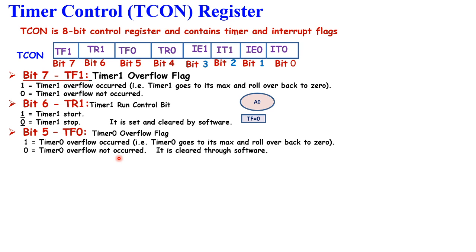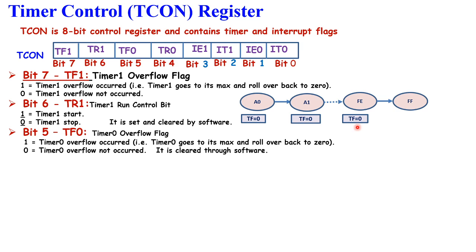Let us see. In the timer, the lower byte is A0 hexadecimal. At that time TF will be 0. Now this is incremented by 1, A1, TF also 0. Like this it is incremented up to FE, then FF, the last value.